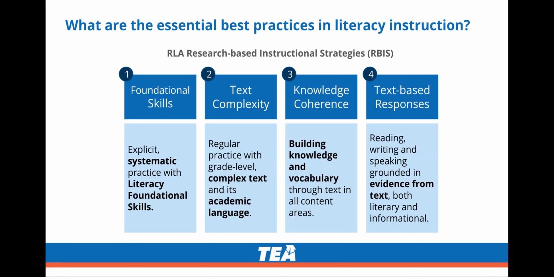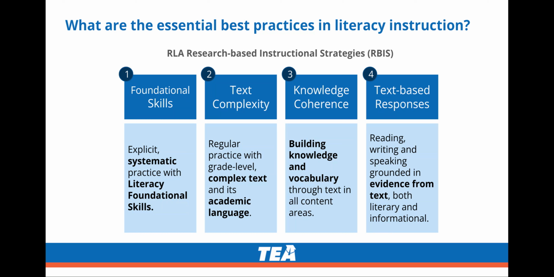RBI number 3, knowledge coherence. This is when we have learned a lot of science around building background and how essential it is for students to actually understand their upcoming text. And again, down below, it says through text in all content areas. So this is where we see a lot of teachers that will connect social studies content or science content to any kind of upcoming module for literacy.